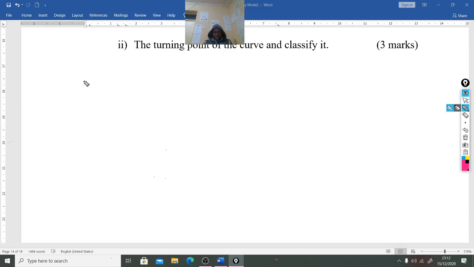So we know that dy over dx will be equal to 0. Our dy over dx, we found it to be 12x minus 12. It implies that 12x minus 12 equals 0.